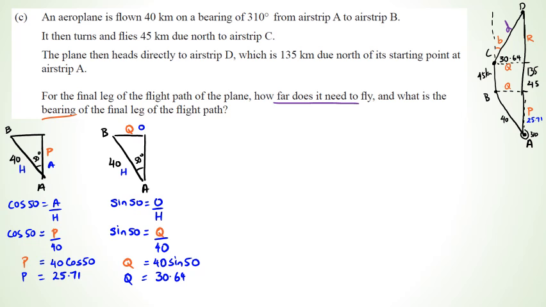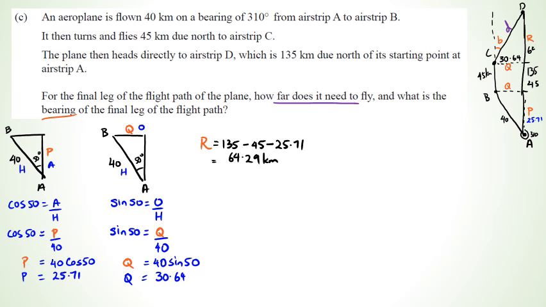So I know what R was, because R was actually 135 minus that 45 Ks minus 25.71, which actually gives me 64.29 kilometers.